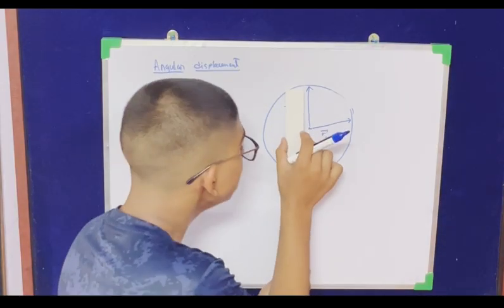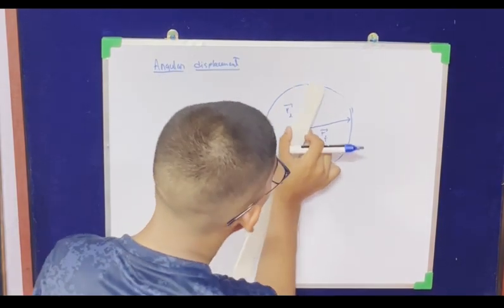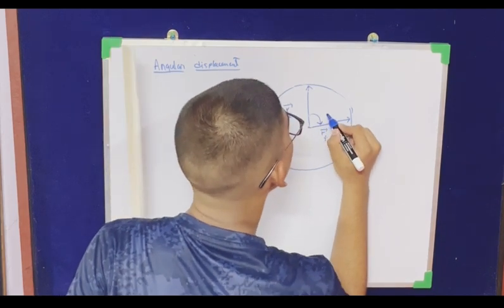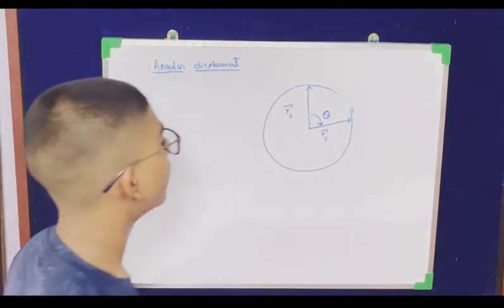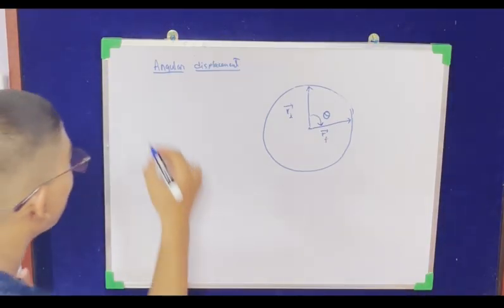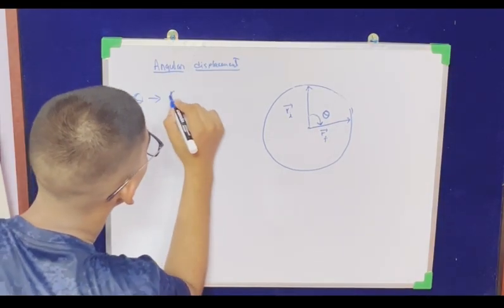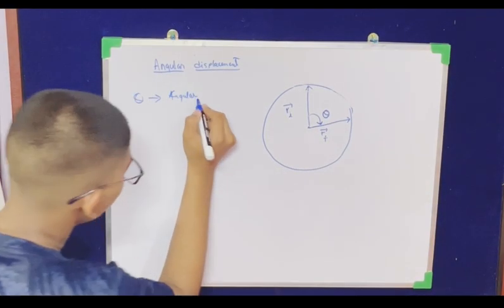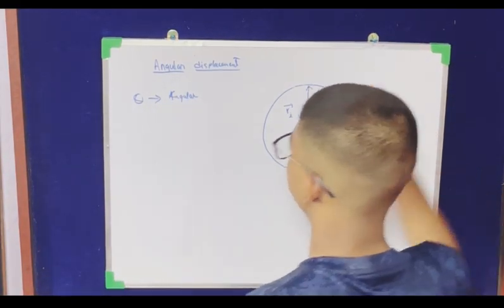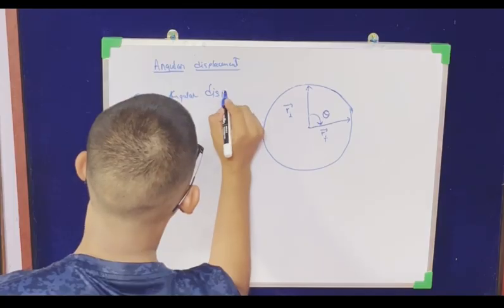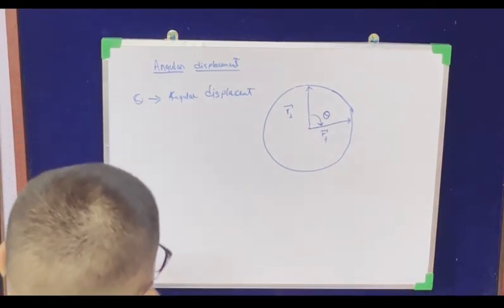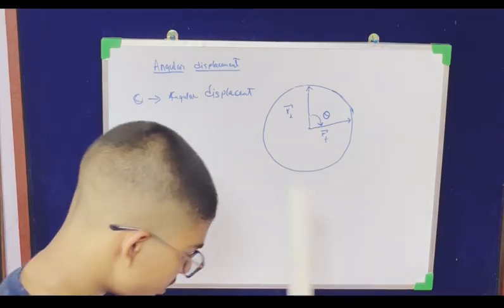So here what is the displacement? It has displaced by an angle of theta. So here the theta is known as angular displacement. We can also understand from the name itself, angular displacement. So this theta is the angular displacement.